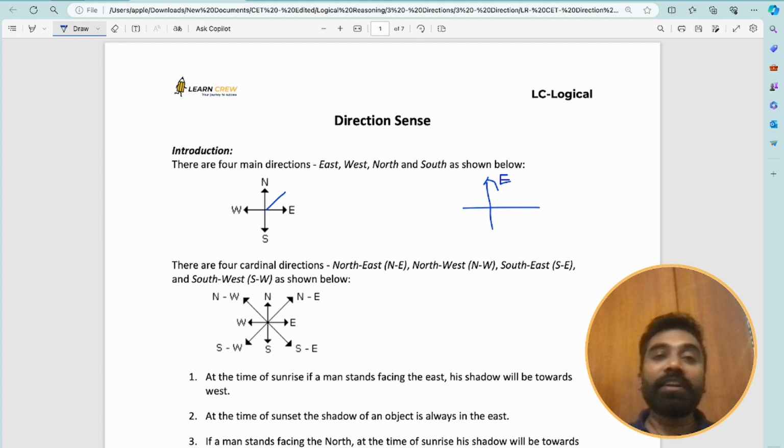Whenever you are dealing with directions, put yourself in that position and identify which is right and which is left. Do not stick with the fixed orientation and then think about what is right and left. Just keep yourself in that position and identify which is right and which is left. It is the easiest way to start solving the questions.